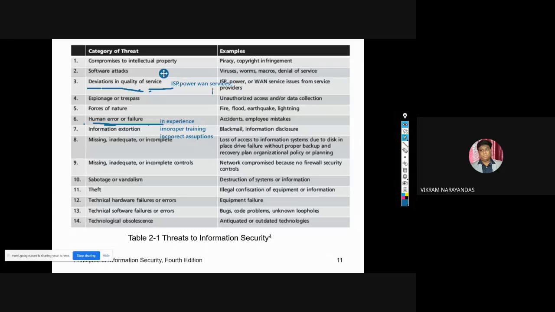It may be issues from the service providers. This represents situations in which products or services are not delivered to the organization as expected.